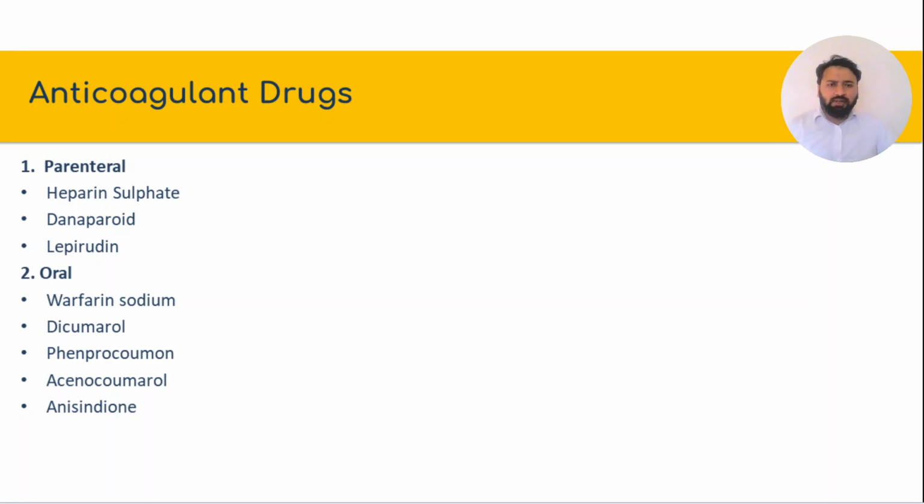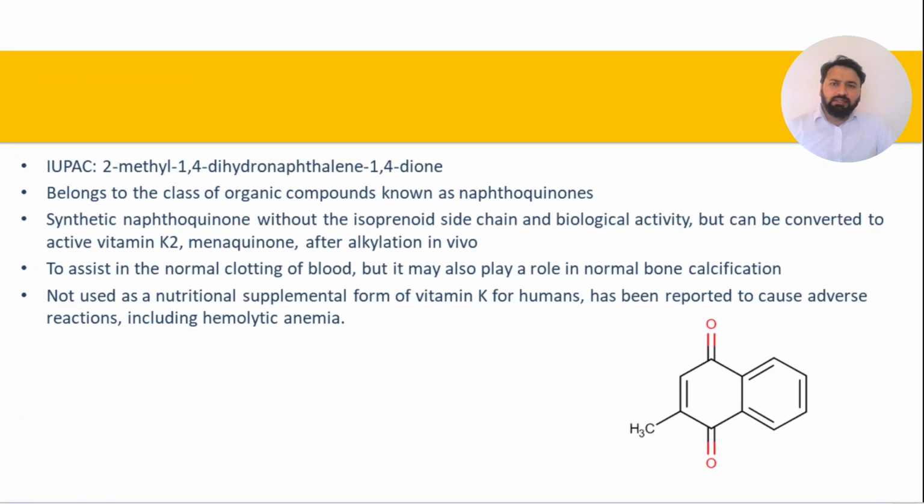So the first drug in this category is menadione. This menadione is 2-methyl-1,4-dihydronaphthalene-1,4-dione. You can see the structure.